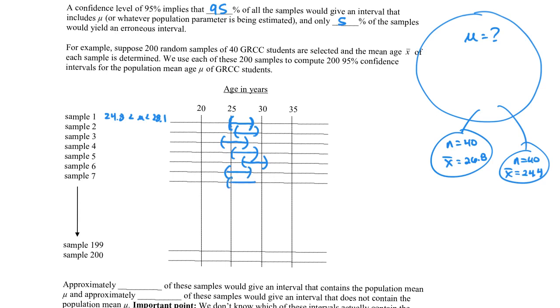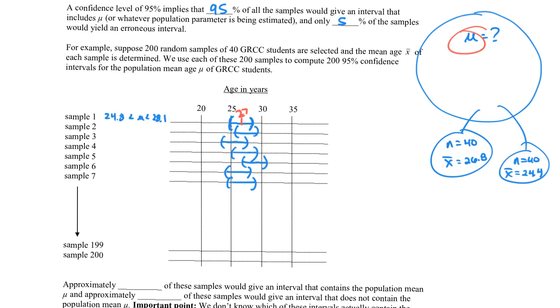And let's say somehow we find out later on that, oh, you know what, the average age is actually 27. So that's the mean of the population, 27.